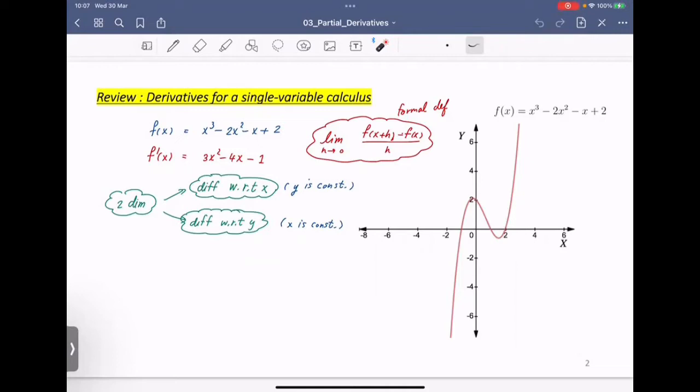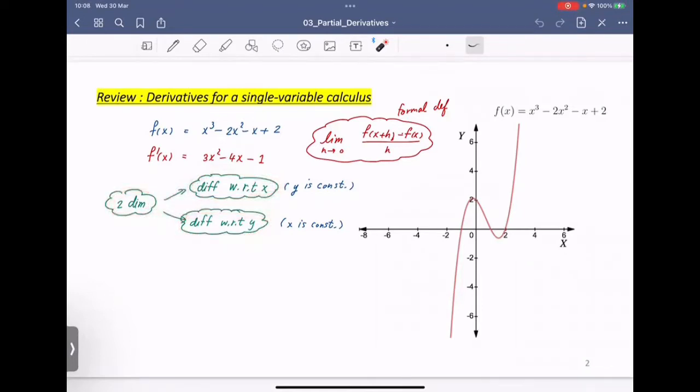The way we define it, we're going to force it to be simple so we can use the formulas that we learned in Cal 1. It's beneficial for us to use the formulas that we learned already. As I told you last time, in two dimensions, we're going to extend the idea into two ways to define derivatives.